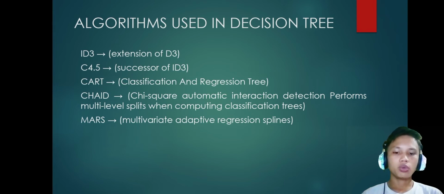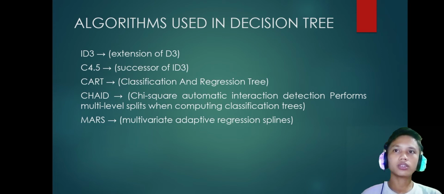In this, we start building the tree from the top, and the greedy approach means that at each iteration, we select the best feature to create a node. The next is C4.5, also known as the successor of ID3. This algorithm uses data mining as a decision tree classifier.